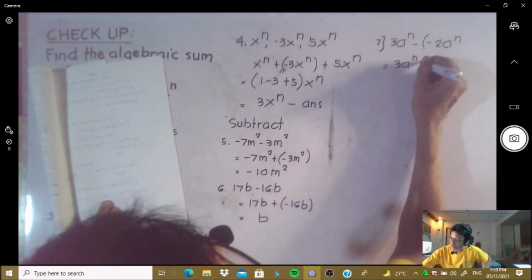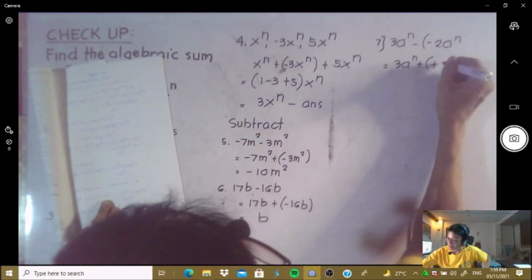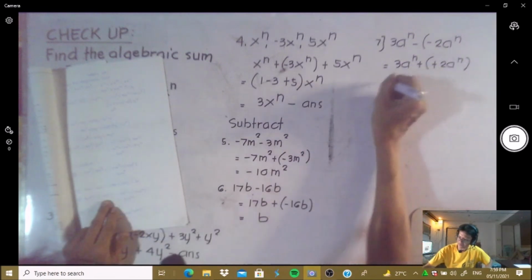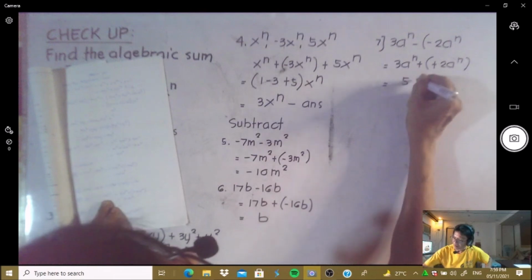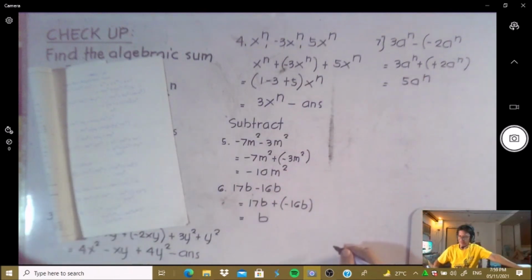Proceed to addition. Change the sign of the subtrahend. So we have positive 2a raised to n. And therefore, we have 3 plus 2 is equal to 5a raised to n. And that is our answer.